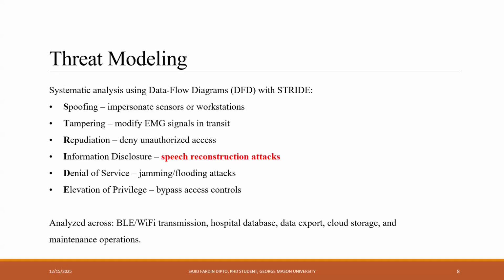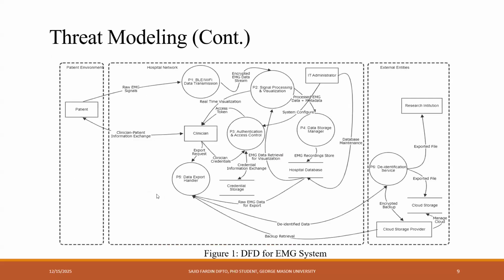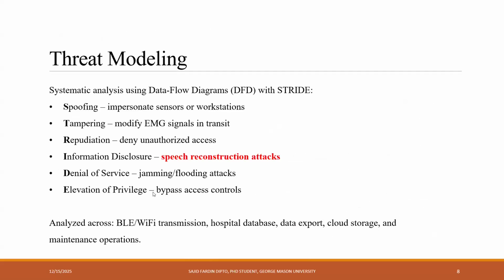This is actually our primary concern in this research. The speech reconstruction attacks can expose private conversations. And we also have denial of service and elevation of privilege, which are not that important. We analyzed across the systems: Bluetooth and Wi-Fi transmission, the hospital database, data export, cloud storage, and maintenance operations. So these are the attack points.